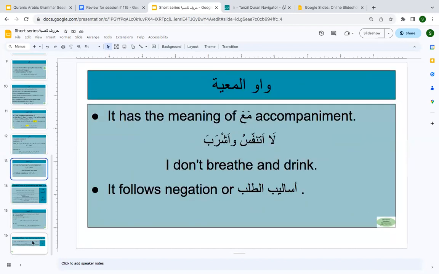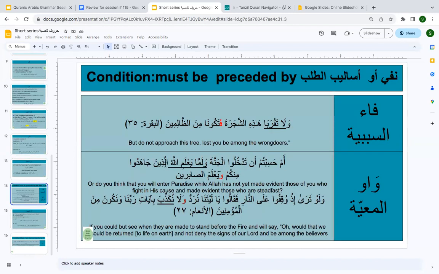So while Allah has not yet made known those who strove among you, and He has not made known the sabirin. At the same time, He has also not made known the sabirin, who had been steadfast. So you see a negation before it, and therefore this waw can be Wawul Ma'iyya, and that is the reason the mudare is mansub after it.